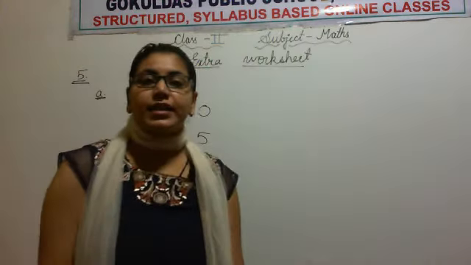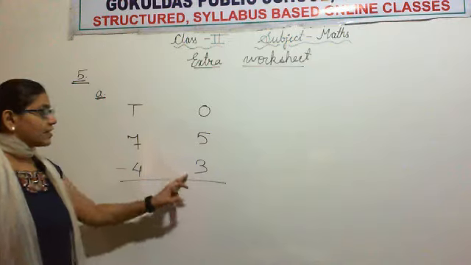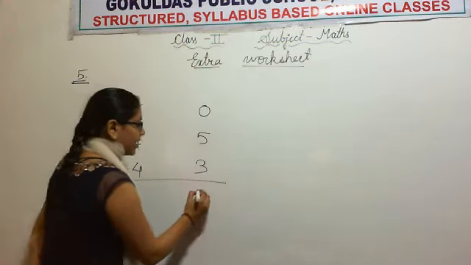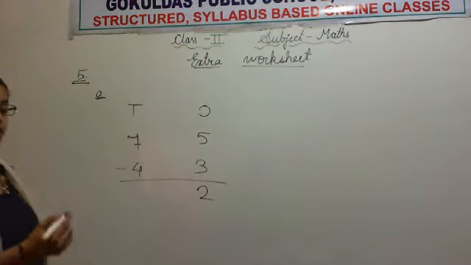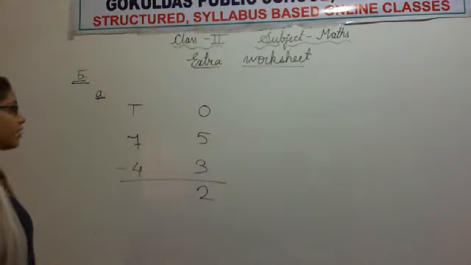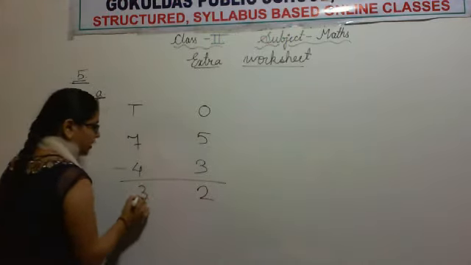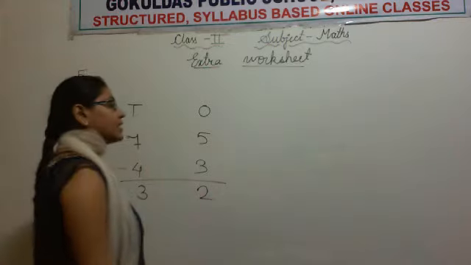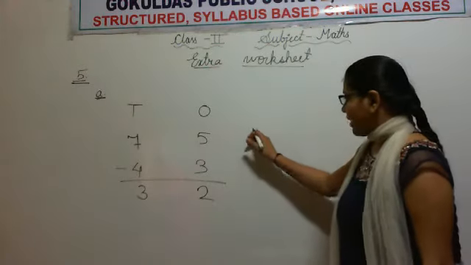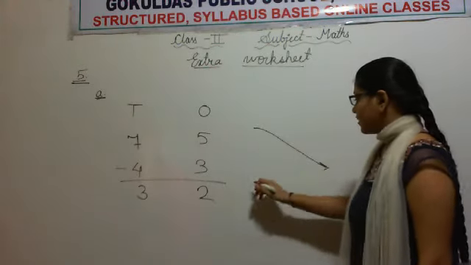So first of all, let us subtract 5 minus 3. We just did it. Our answer is 2. Now 7 minus 4. This one we just did in question number 4 also. So the answer is 3. So for checking the answer, how do we do it? We make a cross first.